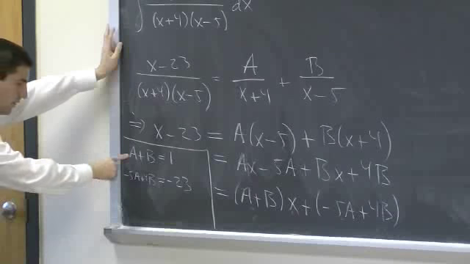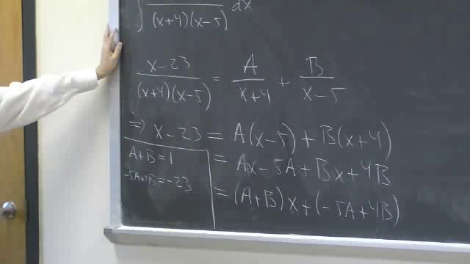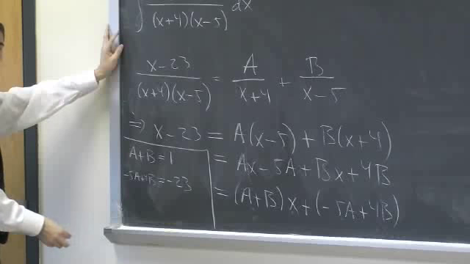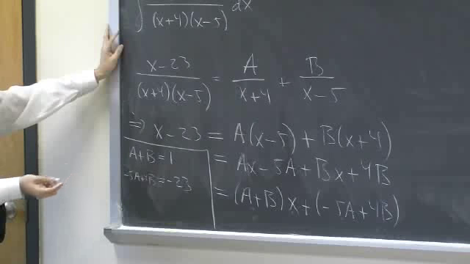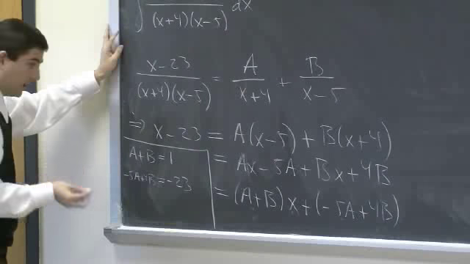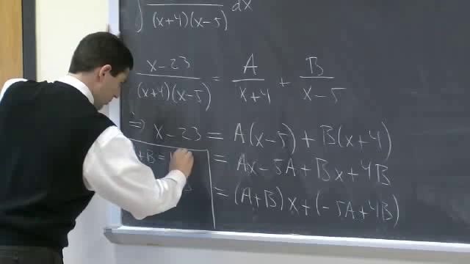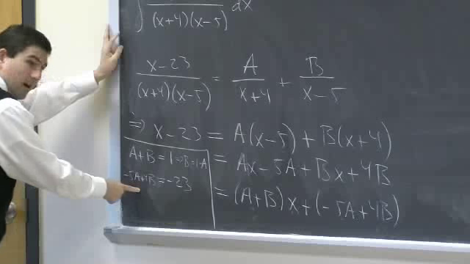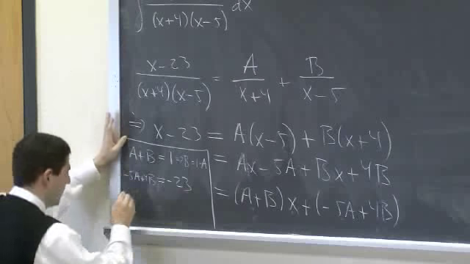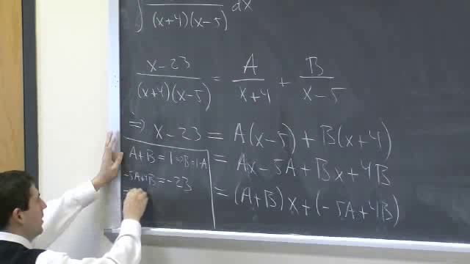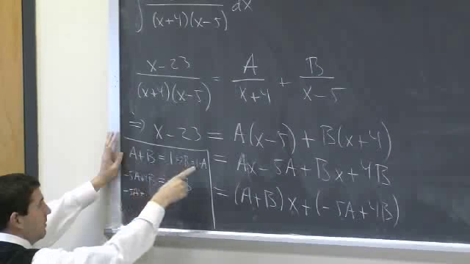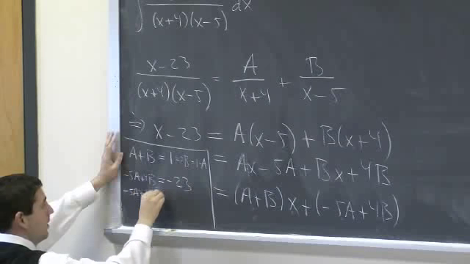So now we just need to solve these two equations. All right, well, let's see. If a plus b is 1, then what is b? 1 minus a. Right? Okay, so I can plug that into my second equation. So I have minus 5a plus 4 b's, but b is 1 minus a, so I get minus 5a plus 4 minus 4a.